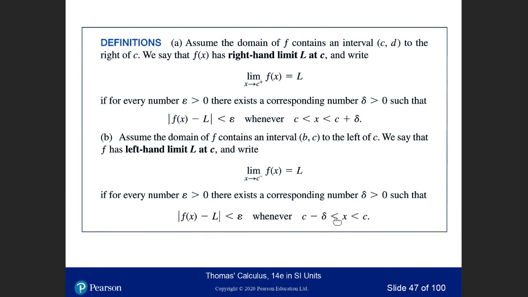But for all x, this must hold, except at c. f may be defined at c, but we don't allow it. But for all other values of x in this interval, this must hold. So that's how you find this number alpha greater than 0. If you can find it, that's the proof that you can write. Okay, let's continue.